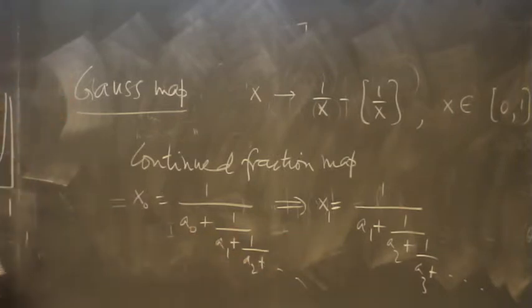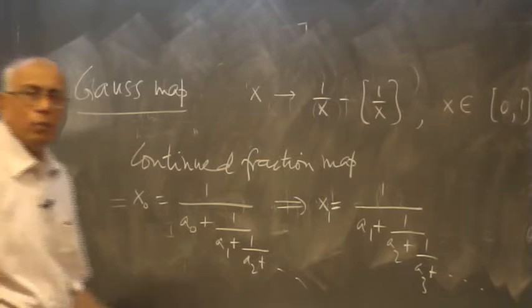Now Gauss asked himself the following question. Suppose I take a number between 0 and 1, an irrational number, and I take its reciprocal, throw away the integer, take its reciprocal, throw away the integer, and keep doing this. Then what's the probability that the number I end up with after a long time is between 0 and some given number a, between 0 and 1?